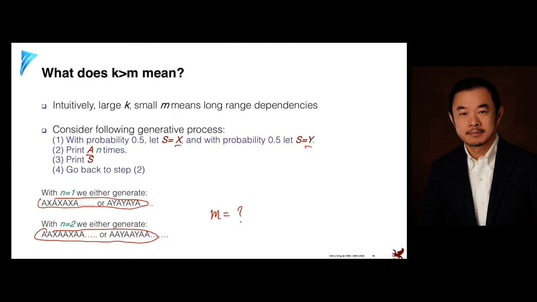Okay, so does anyone have an answer to my question? What's the M in the sequence you see? M equal to 1? Well, we already see X, Y, and A in here. 3, yes. 3 is the right answer. Literally, it's here. You saw 3 characters, right? What is K?